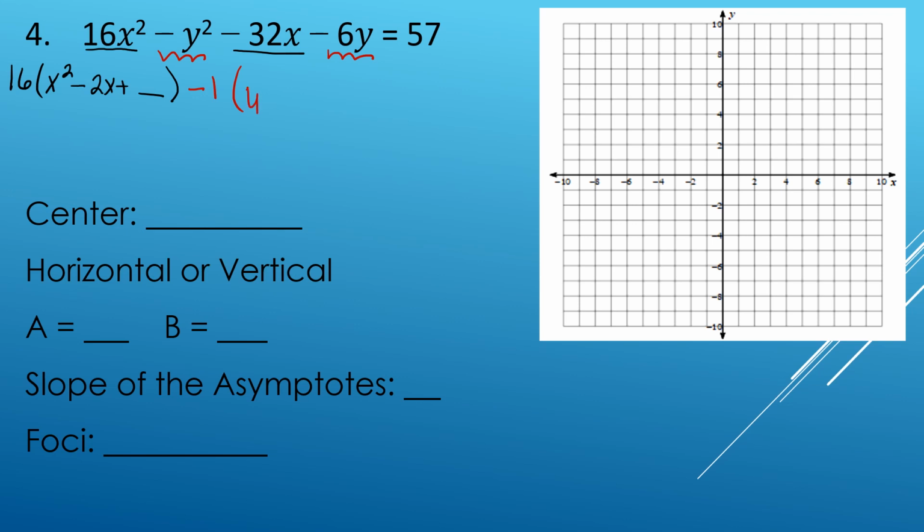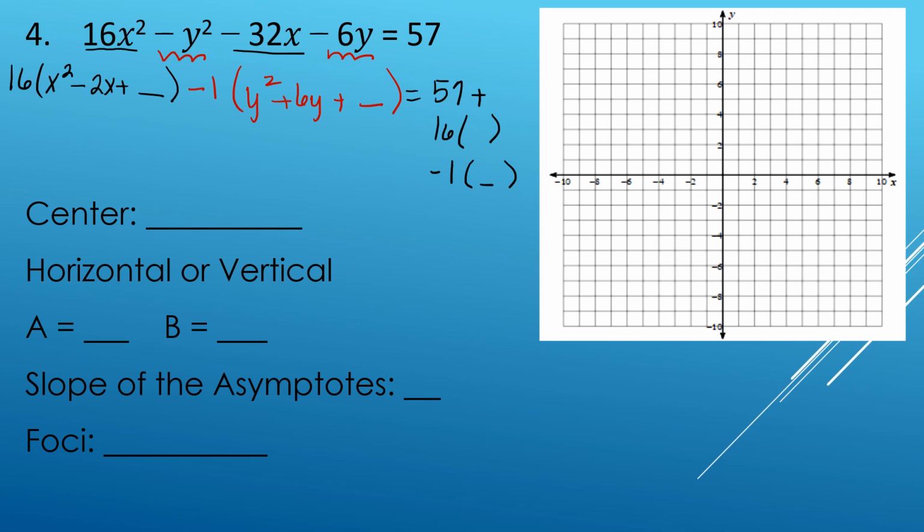So y squared and then negative 6y will turn into a positive 6y plus my little blank to complete my square. And that equals the 57 that's already over here plus 16 times whatever I complete my square with, minus 1 times whatever I complete the y squared terms with.